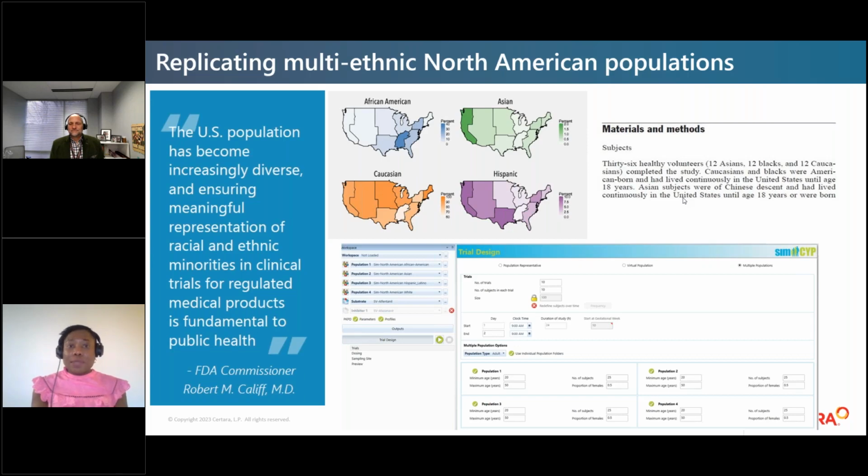When we build a population, we consider both intrinsic and extrinsic factors. So by the time you put in all those elements, your predicted PK may be slightly different from the Asian community you're considering in the US because of its mixed diversity, compared to the pure Asian as we have with either the Japanese or the Chinese population.